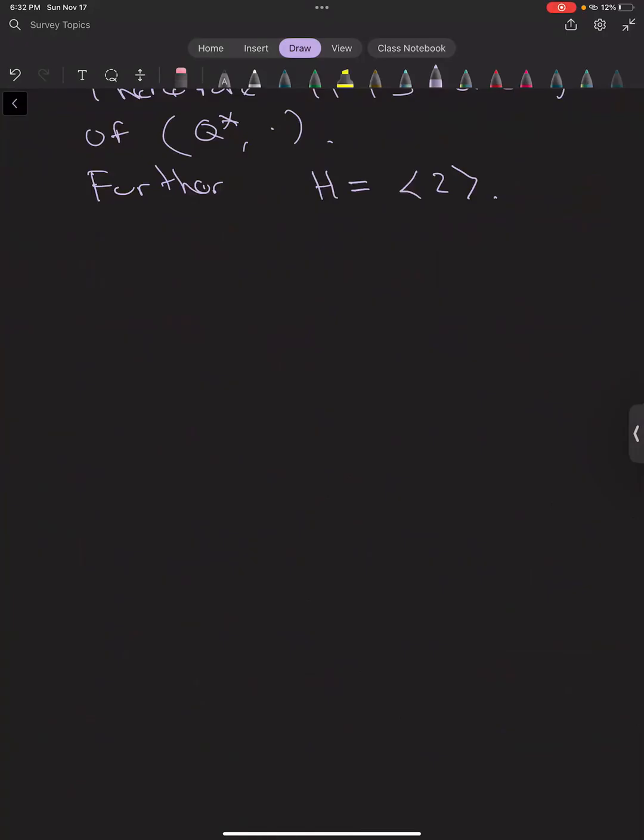So now we're going to do the proof. We're going to do a proof, and then some more examples, and then I will recall some of the propositions I assigned. So this is a theorem.